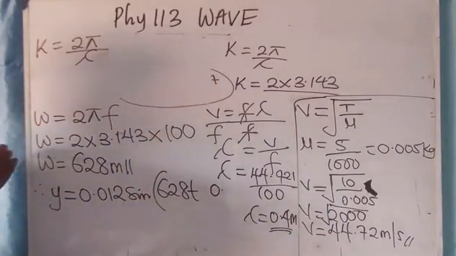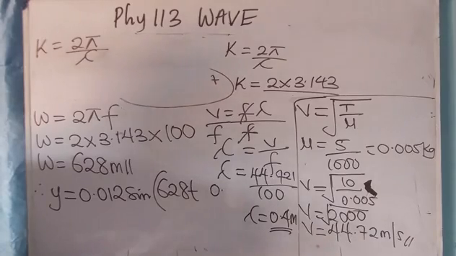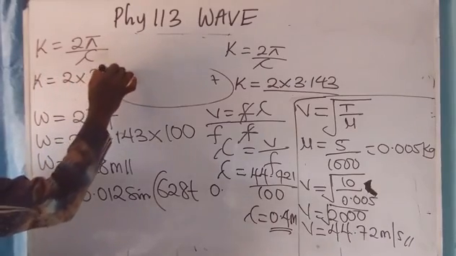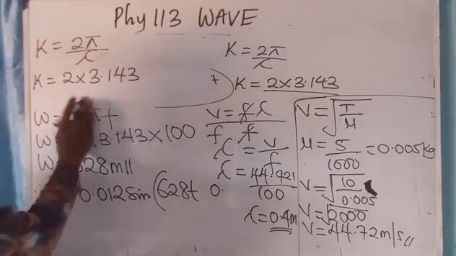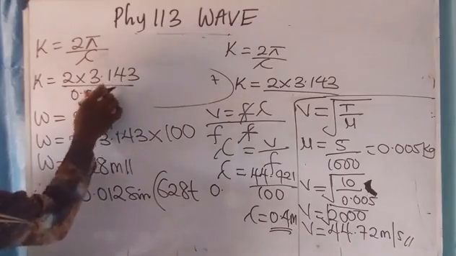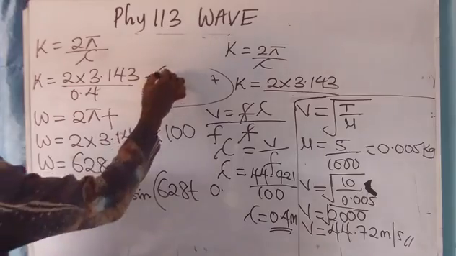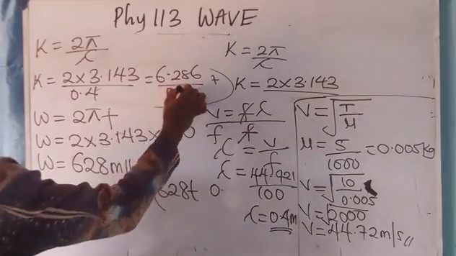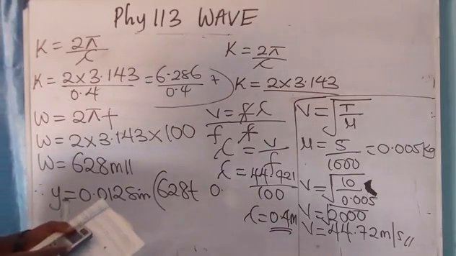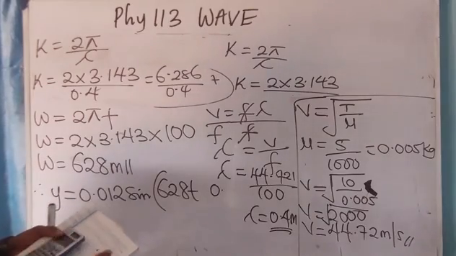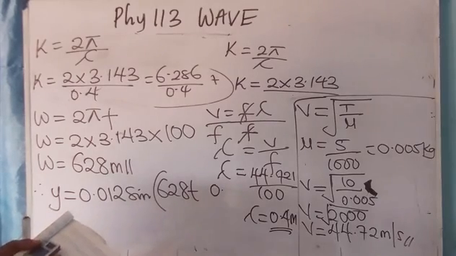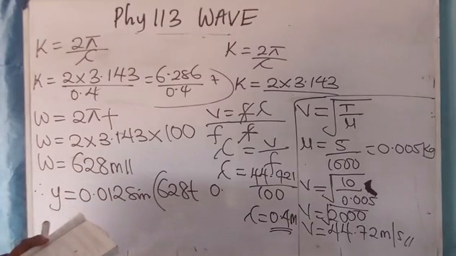So K equals 2 times 3.143 divided by 0.4. This is 6.286 divided by 0.4, which equals 15.71. Let me see.